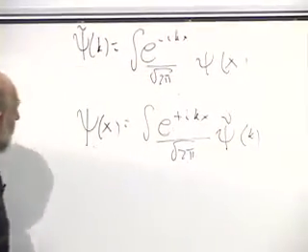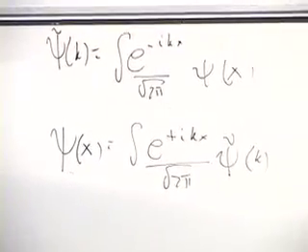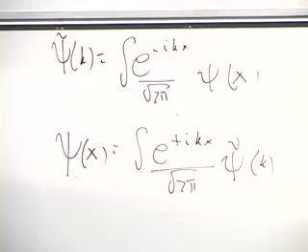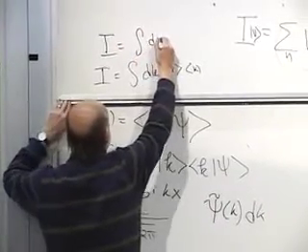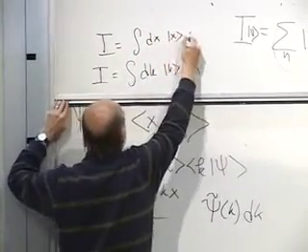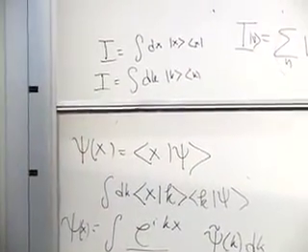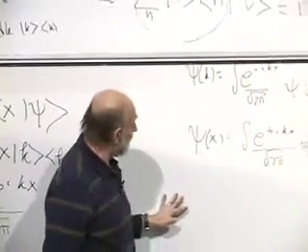The only asymmetry here is that one of them has an e to the minus I kx and the other has an e to the plus I kx. So this little formula here is rather powerful. And it encapsulates, among other things, the reciprocal relationship of Fourier transforms.